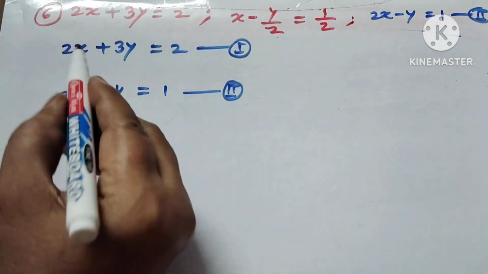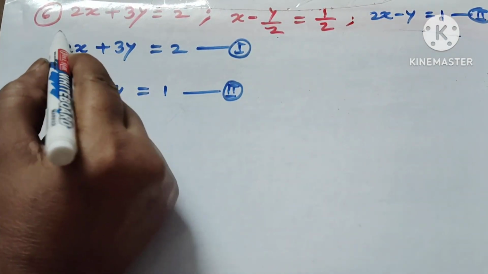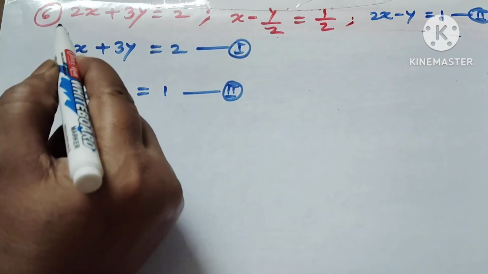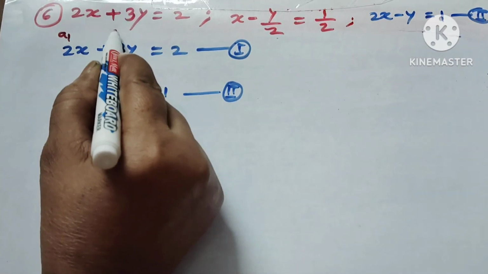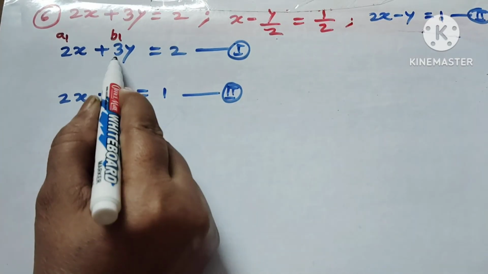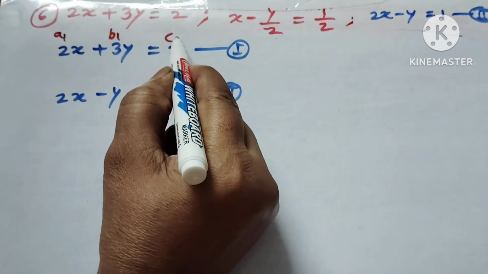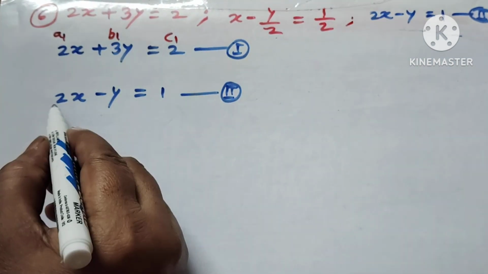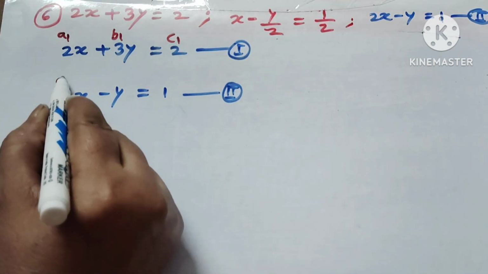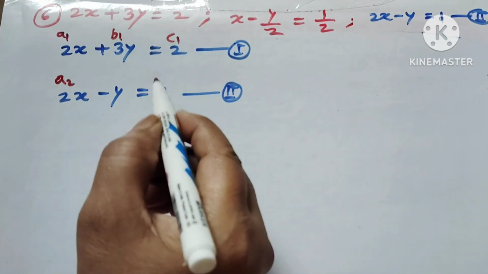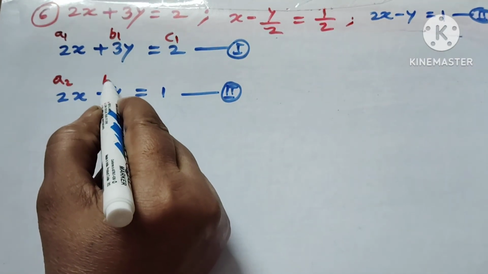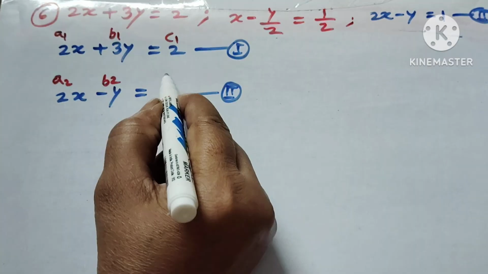By Cramer's rule, A1 B1, here write C1, here A2 B2 is C2.